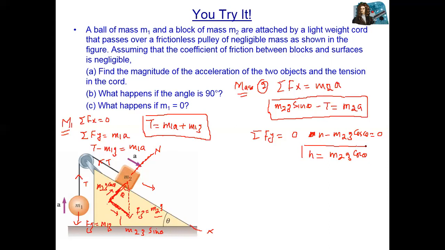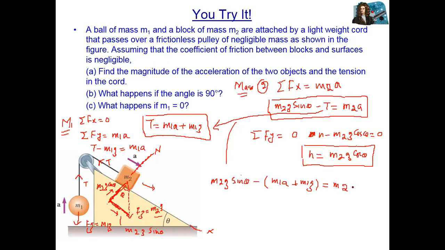We need to find the acceleration and the tension equation for both bodies. So how can we find tension and the acceleration? First of all, replace T from the first equation, so now we have the equation m2g into sine of theta minus tension, where tension from the first equation is m1a plus m1g, equal to m2a.